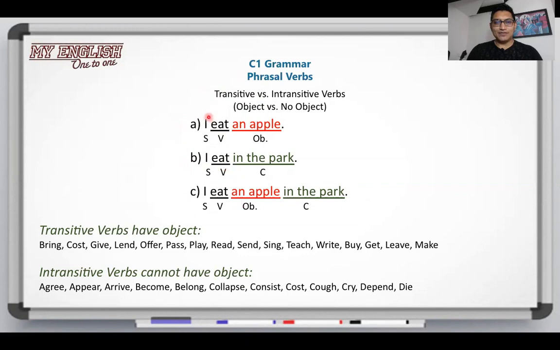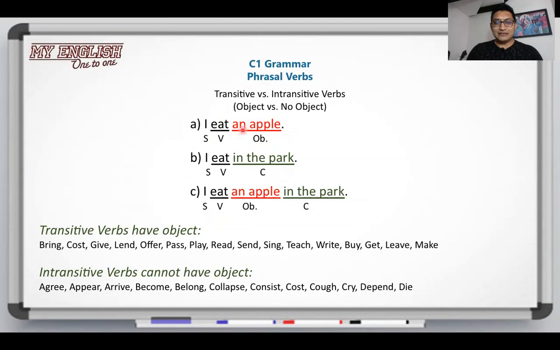All right, so as you can see, these three sentences have a subject, which is I, and then the verb, which is a transitive verb, eat. But there's a difference between the form A and the form B. This part, as you can see, an apple is an object, whereas in the park is a complement. So there is a difference between an object and a complement.